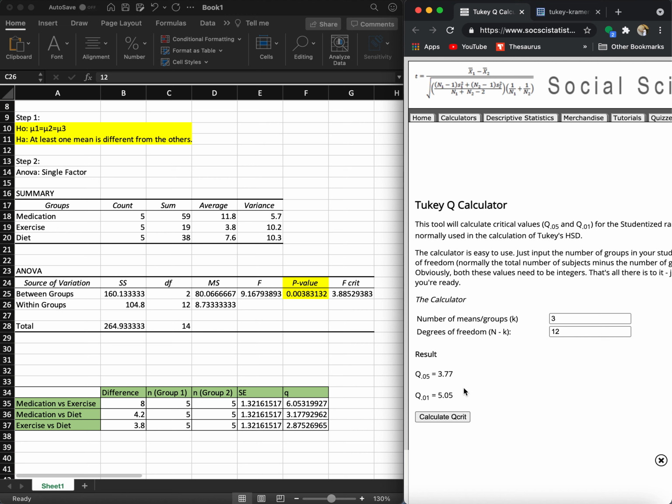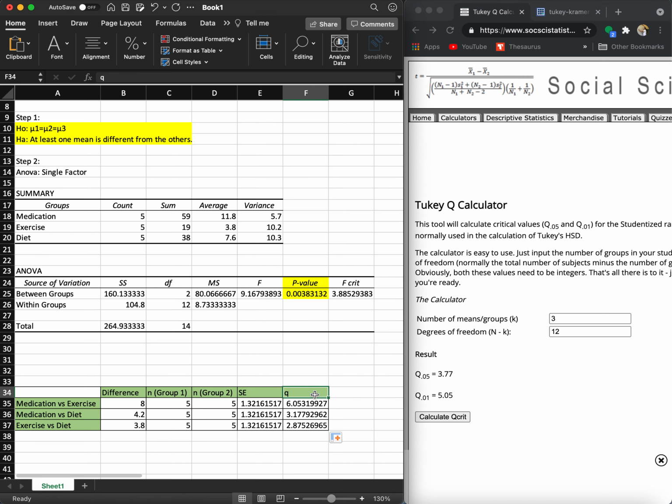And remember our decision rule. Every time we compare a test statistic, for instance here a Q statistic, to the critical value, if the test statistic is greater than the critical value, we reject the null and conclude that there is a significant difference.